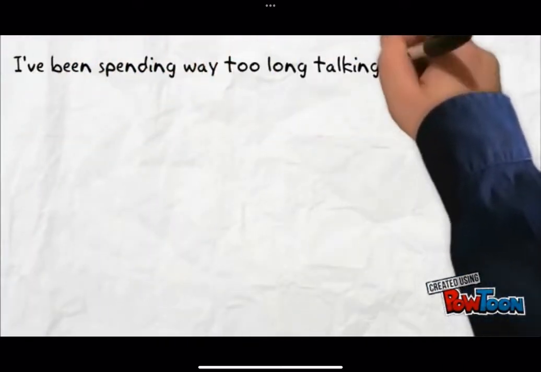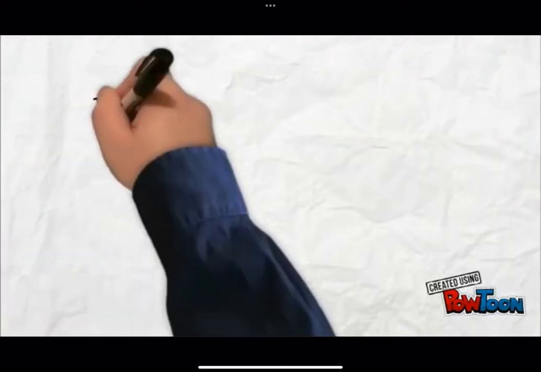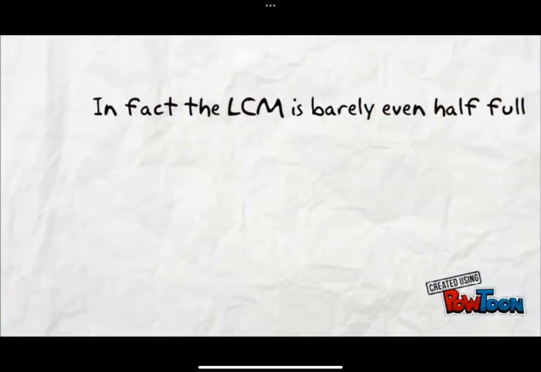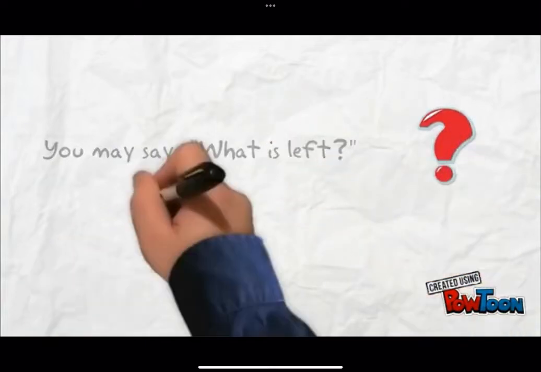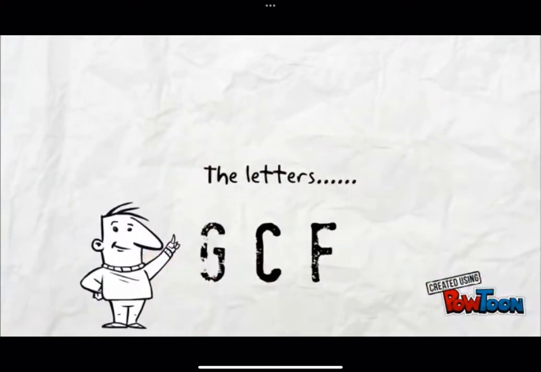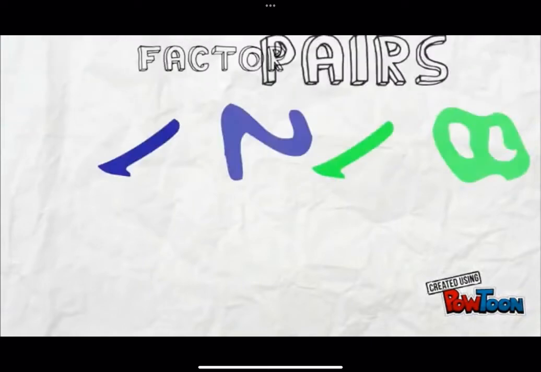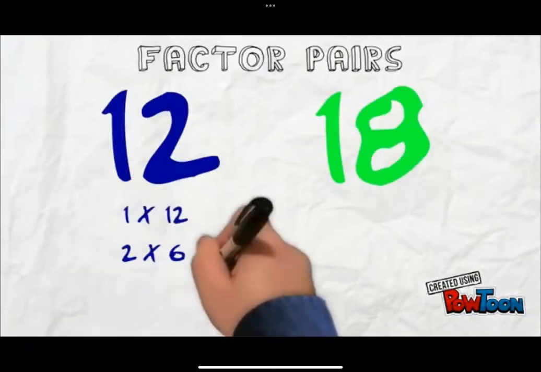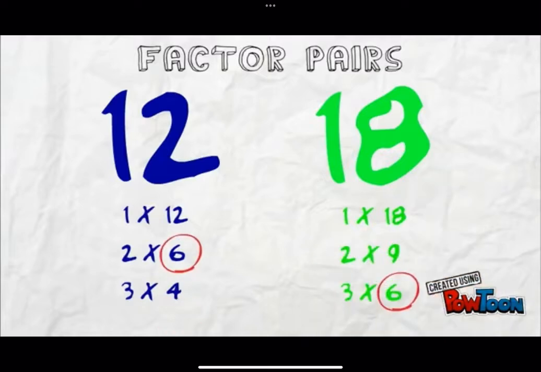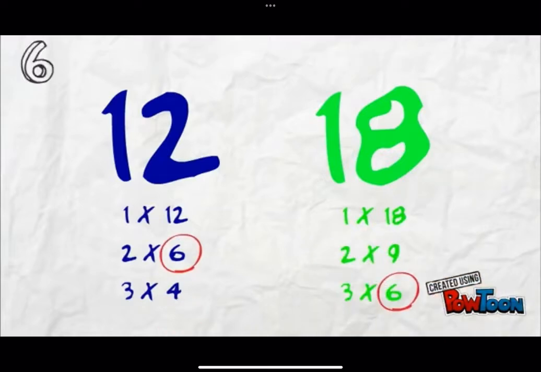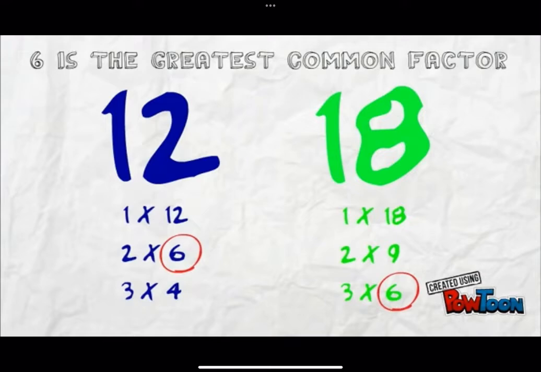In fact, the LCM is barely even half full. What is left? The letters GCF. You need two numbers, but instead you factor them both to see if there's a number they both are made of. And if that number exists, you found the GCF.